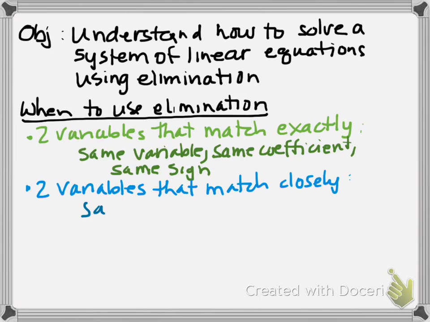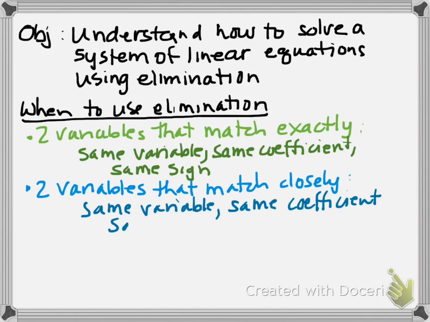So that's going to be the same variable, so both x's or both y's, same coefficient, so same number in front of each of them, and not same sign, because we already had that, we would have opposite signs. And honestly, this is the better one, because if I have this, my elimination process is going to go super easily.